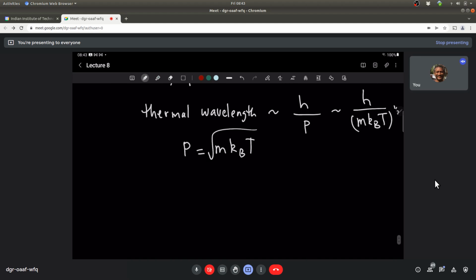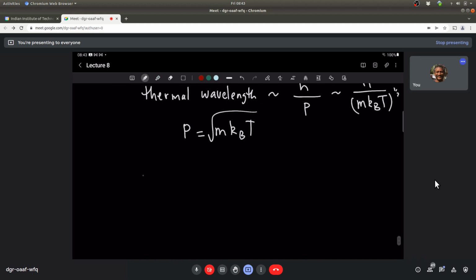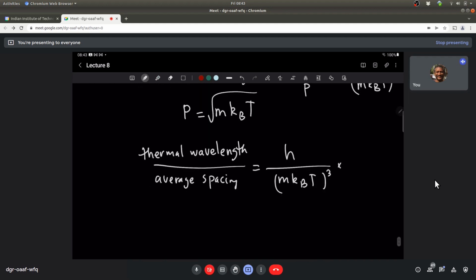So what we can do is work out a ratio: thermal wavelength over average spacing. That will be h by (m kBT) to the power 1/2, divided by (N/V) to the power minus 1/3.